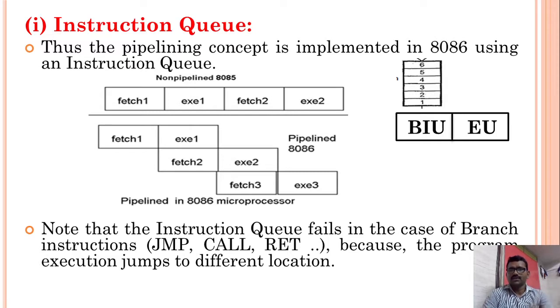At that time, the fetched instructions stored in the queue will be cleared, and the bus interface unit starts fetching instructions from the new address location. So at that time, the processor takes more time.